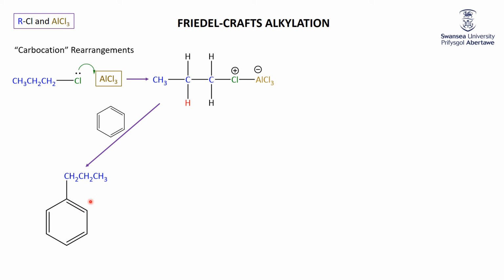I haven't messed around with the intermediates here, just straight from here to the product. Okay, so it's the CH2, CH2, CH3, right there, CH2, CH2, CH3. So that's what you would expect by what we discussed on the primary alkyl halide movie.